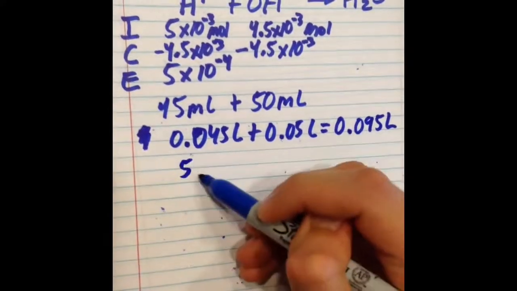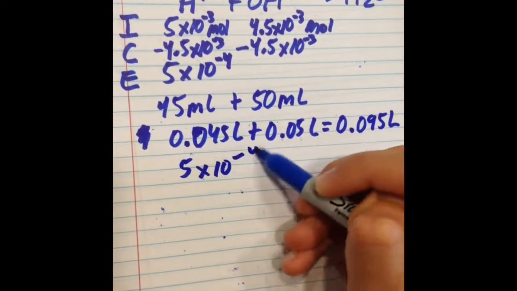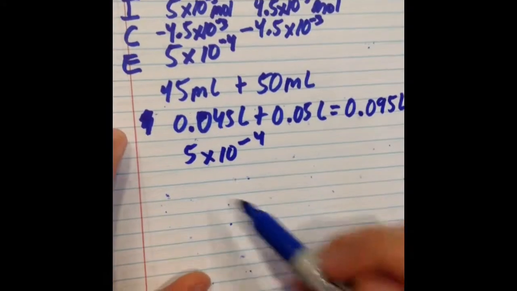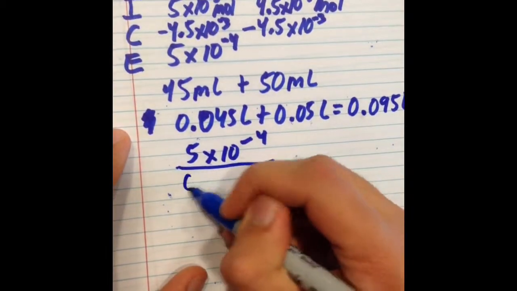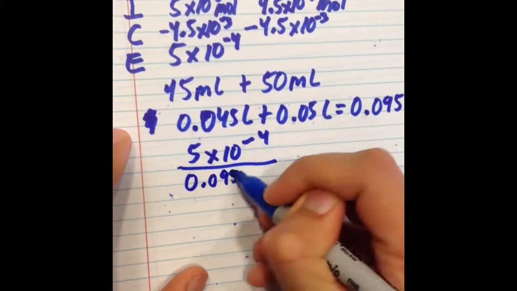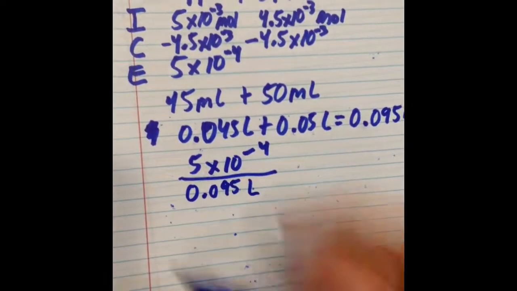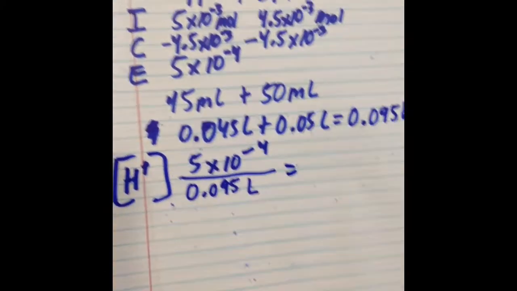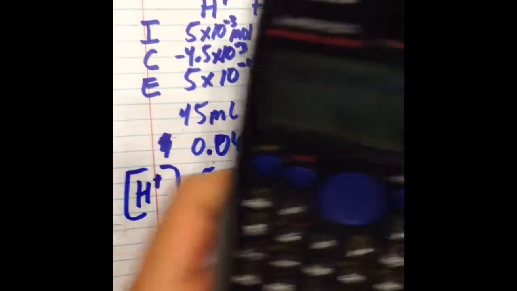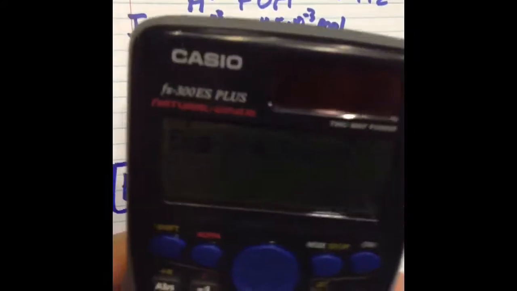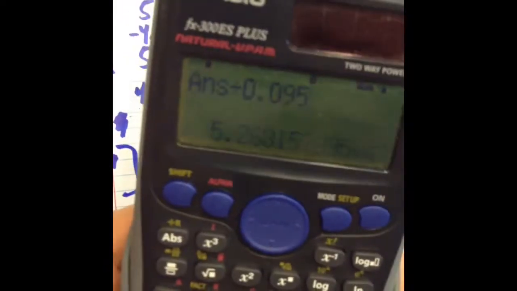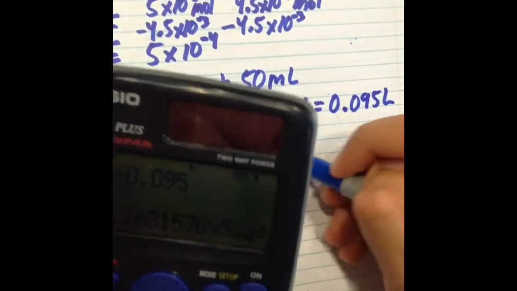We take 5 times 10 to the negative 4, the end amount, and divide it by the total volume, 0.095 liters, to get the H+ concentration, which is 5.26 times 10 to the negative 3.